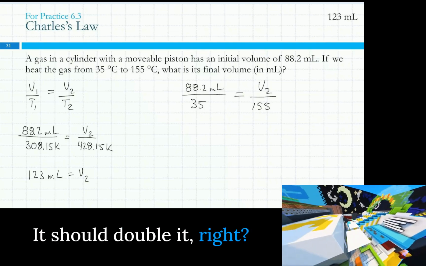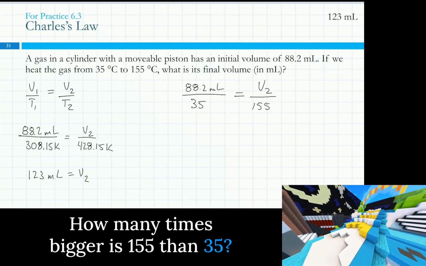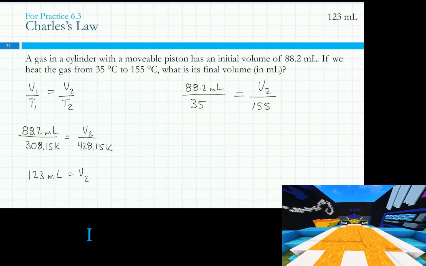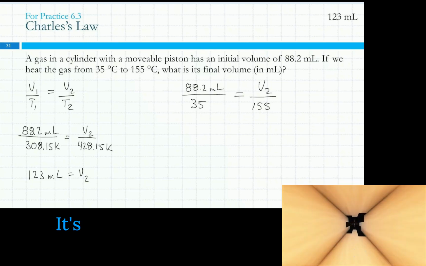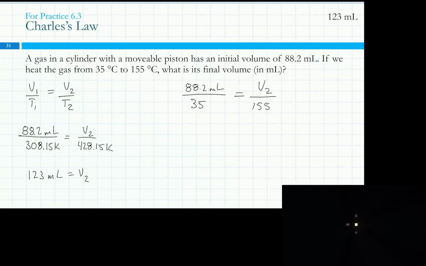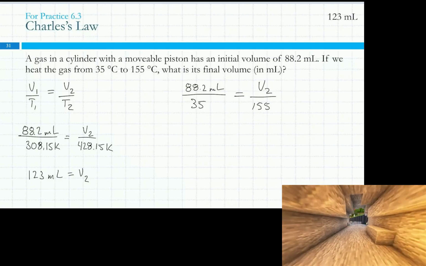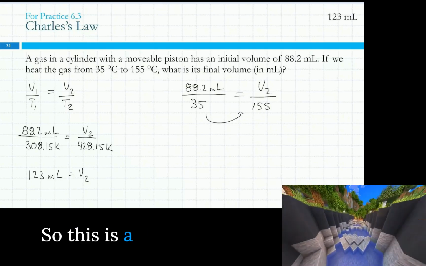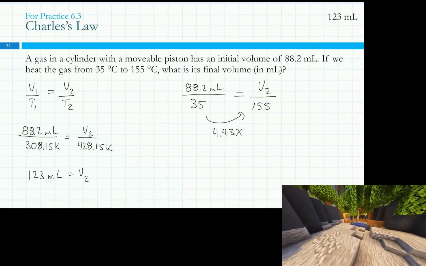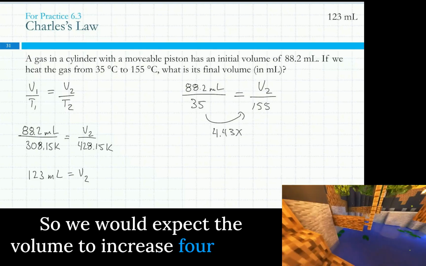Should double it, right? How many times bigger is 155 than 35? Something close to 5 times. 4.43. So this is a change of 4.43x. So we would expect the volume to increase 4 times.